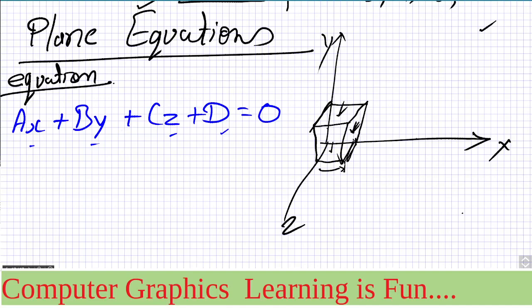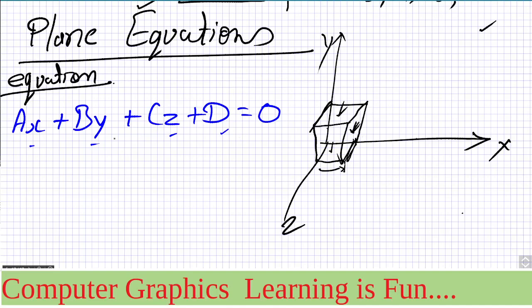How can we find the value of this a, b, c and d? The only way is to solve it. And for solving this equation, I believe you understand that you will need at least 3 points on this particular plane.